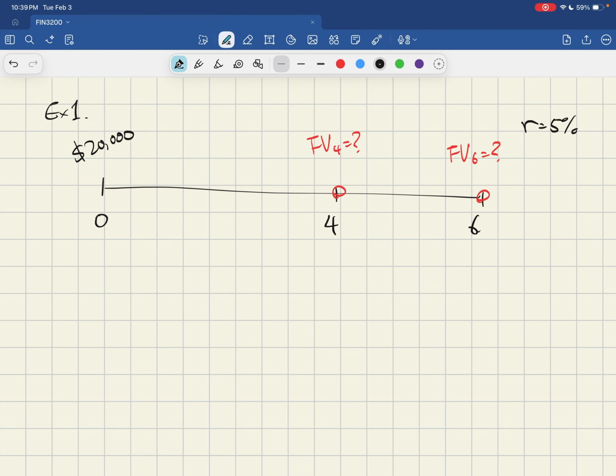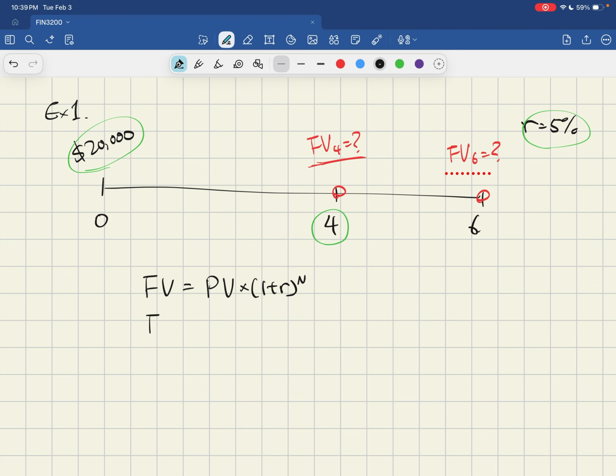So we want to use the future value formula because that's what we're trying to solve for, given these other three components: the PV, the N, and the R. Okay, so we're going to choose to use this formula. Future value equals present value times 1 plus R to the nth power.